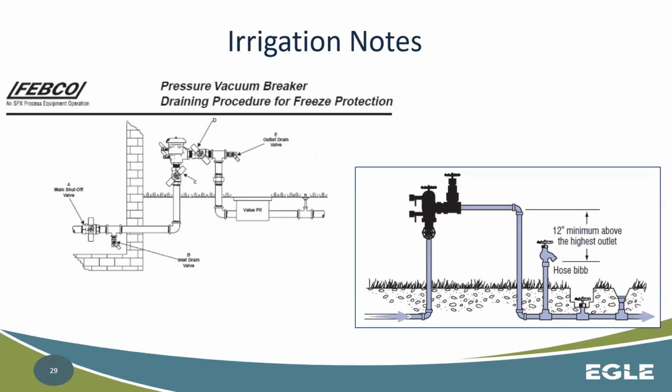We want to make sure it's got at least that 12 inches above the highest point of use out in the irrigation system. So say if it's a really large irrigation system, if they have it going up any kind of hill, or some people will do tiers, or maybe a decorative wall that they have something going up, that all has to be considered in, will this pressure vacuum breaker be able to function properly?